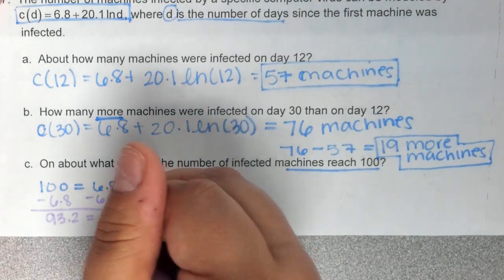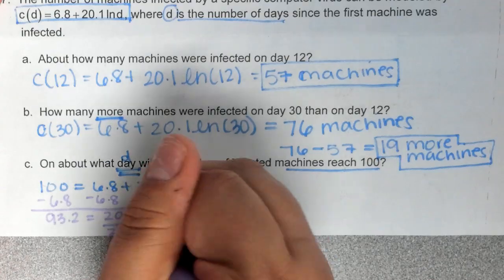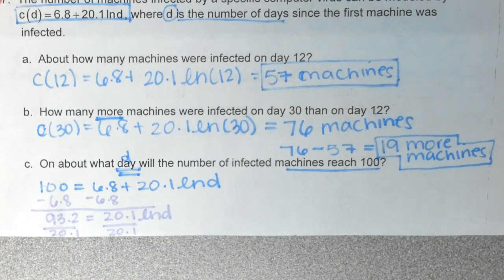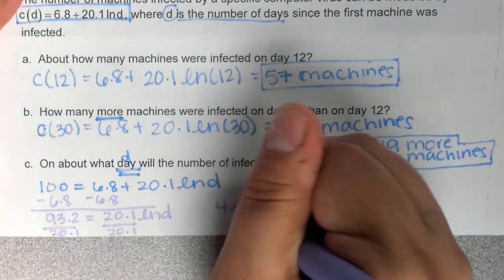And then we are going to divide by 20.1. And 93.2 divided by 20.1 is, we'll say, 4.6.